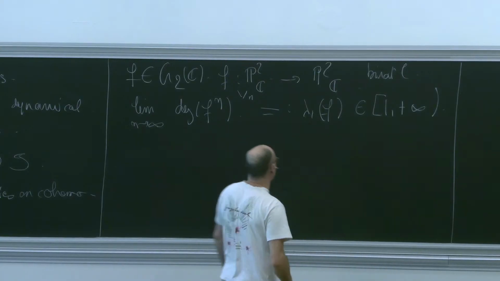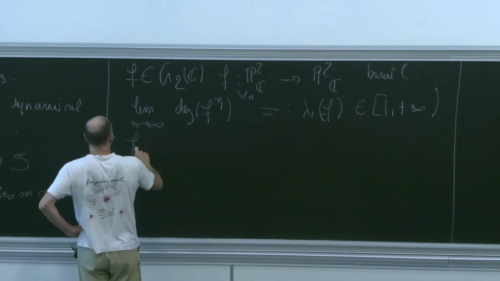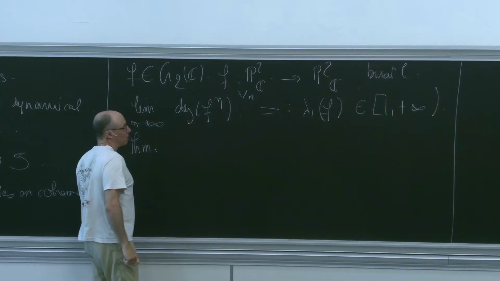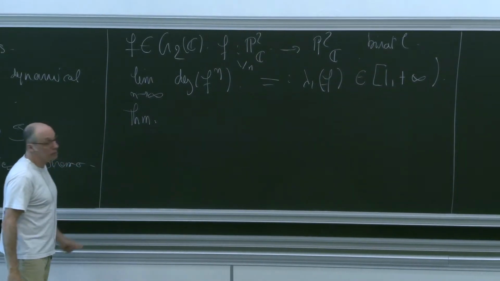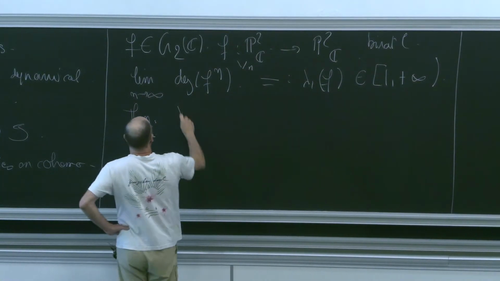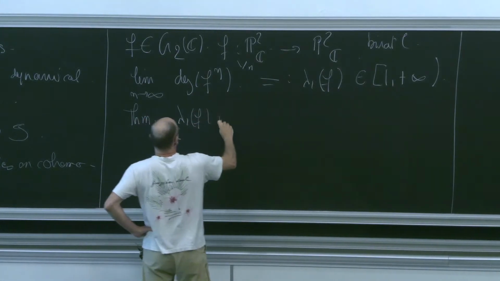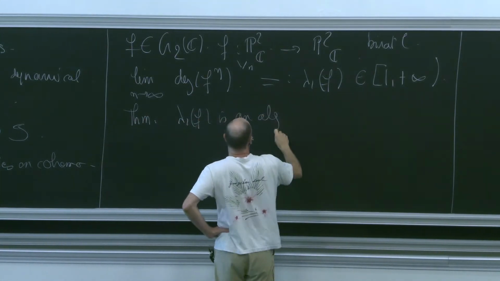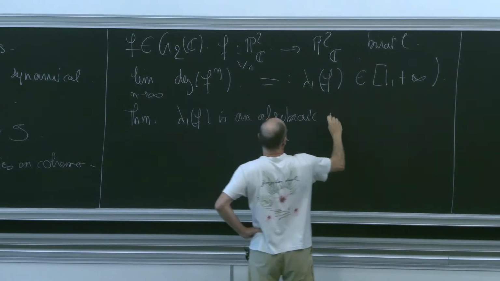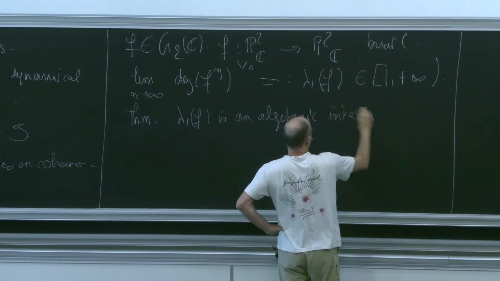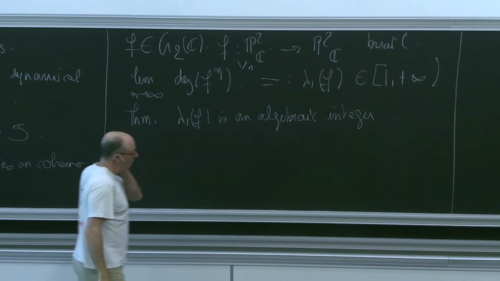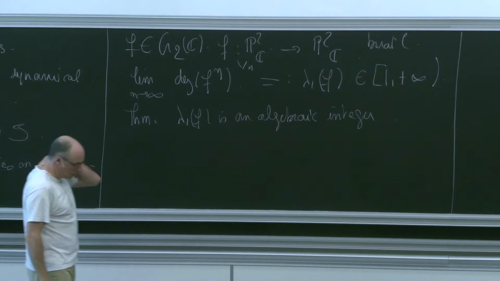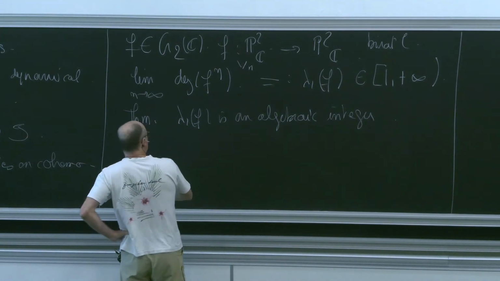Okay, so the theorem that we'd like to show is this, is that in fact this number is very special. So lambda 1 of F is an algebraic integer. Okay, and even more precisely, all its conjugates.